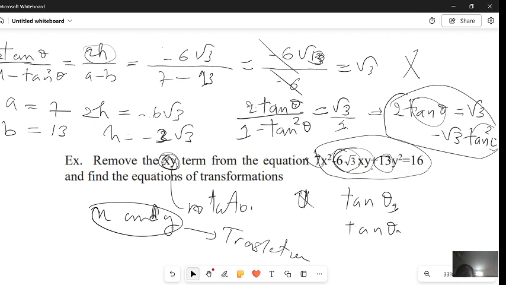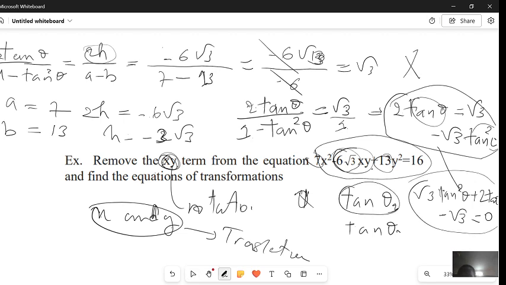Taking this to this side, it's going to be square root 3 tan square theta plus 2 tan theta minus square root 3 equals 0. Now here is a polynomial of second order, I will have two solutions. So I found the value of theta 1 is going to be pi by 6. The value of theta 2 is going to be 2 pi by 3.